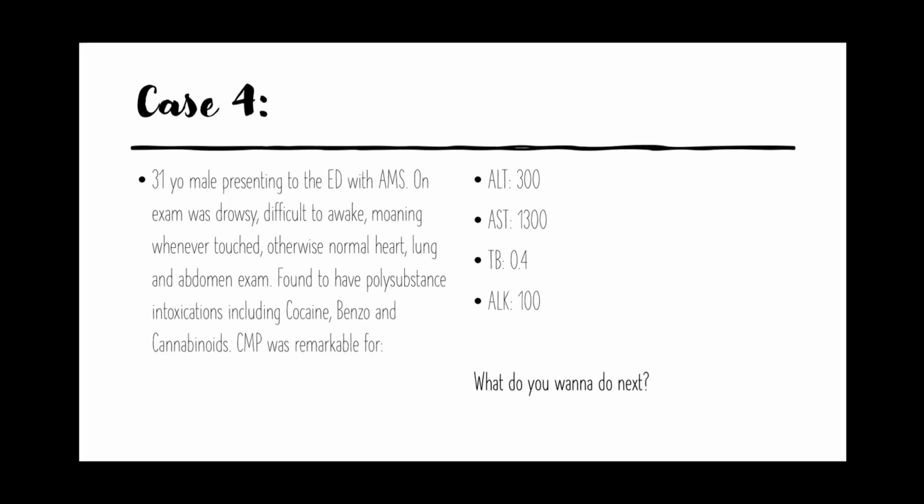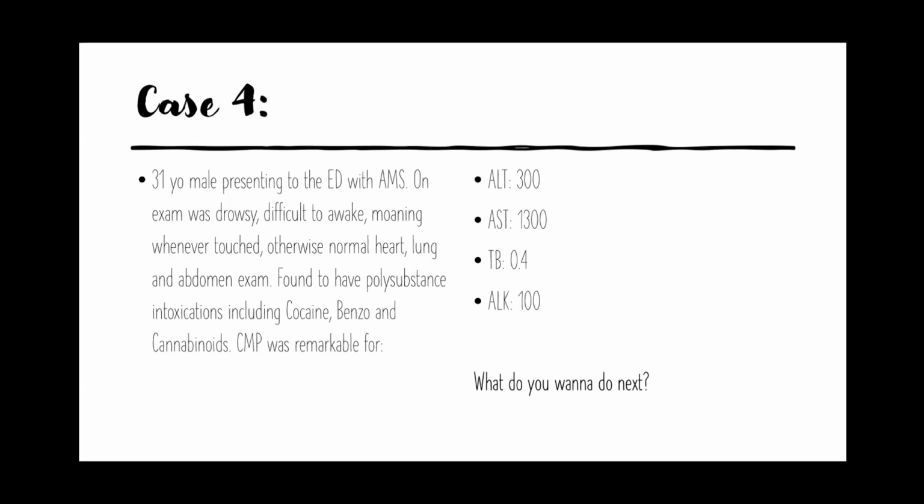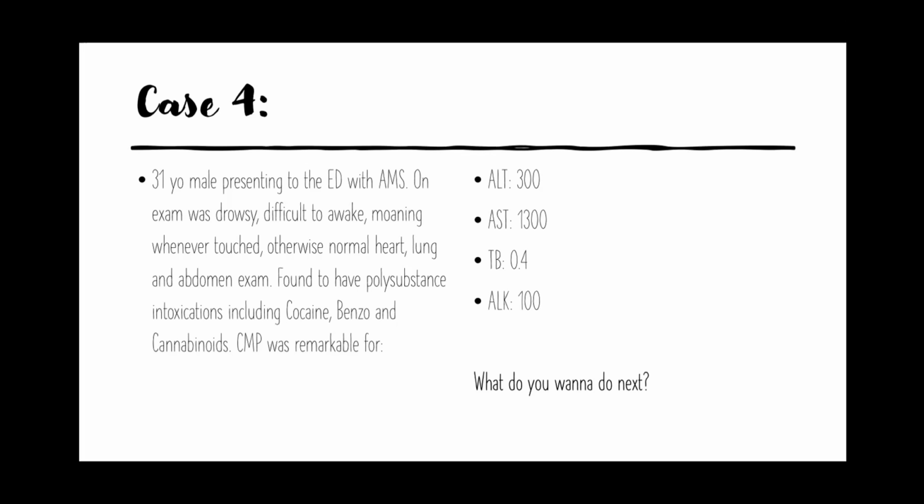But in general, in alcoholic hepatitis we would have ALT and AST less than 500, and you're right that the AST to ALT ratio would be more than 2, but it's really rare to have AST go to 1300 as in this patient. And also you need to keep in mind that AST is not 100% specific to the liver. It can be elevated in different pathologies as well.